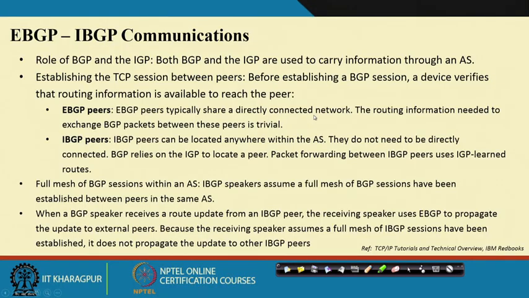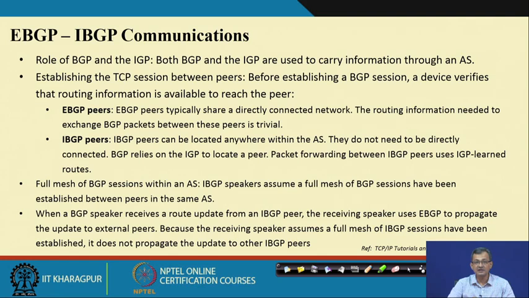eBGP peers typically share a directly connected network. As we discussed a couple of slides back, in the case of eBGP peers, they typically share a directly connected network. The routing information that needs to be exchanged by the BGP packets between these peers is trivial, since it is directly connected. iBGP peers can be located anywhere within the AS, so they do not need to be directly connected.